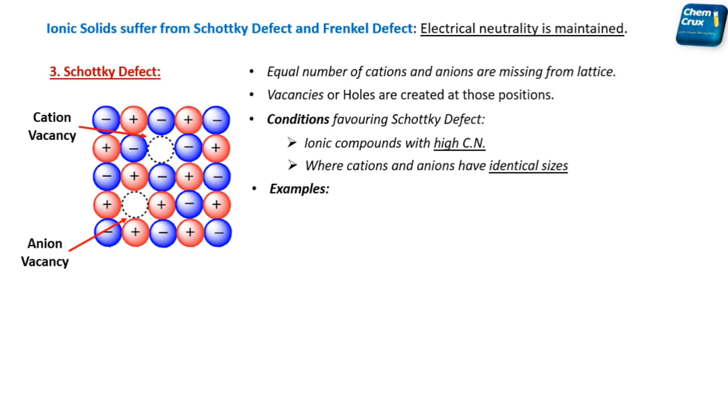Coming to examples, alkali metal halides such as NaCl and KCl show Schottky defect. In NaCl, the sizes of Na+ and Cl- are almost the same, and also for KCl, the sizes of K+ and Cl- are almost the same. So they suffer from Schottky defect.